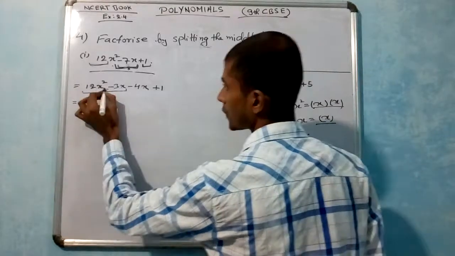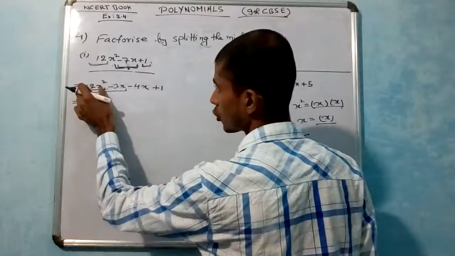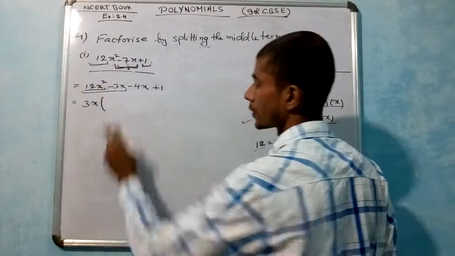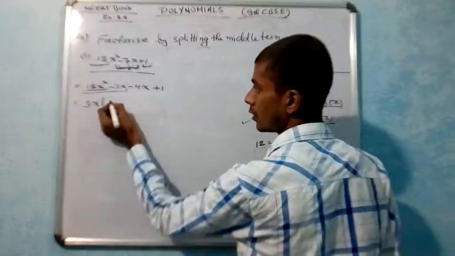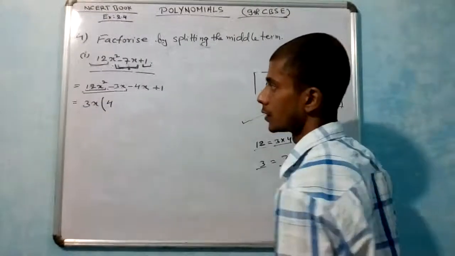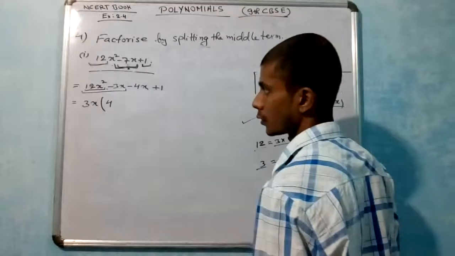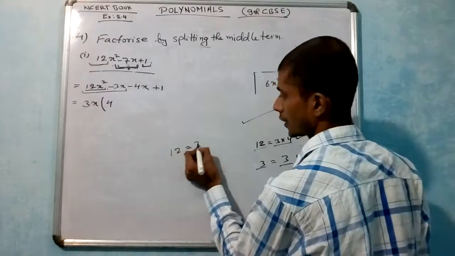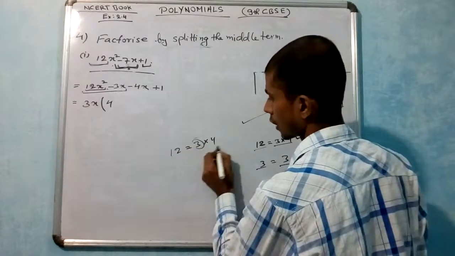So how much is left in the first term? If I take 3x out of this 12x square, what will be left here? 12 was having 3 into 4, we took 3 outside, what is left? 4.